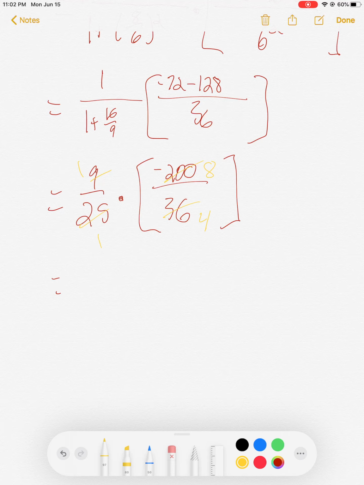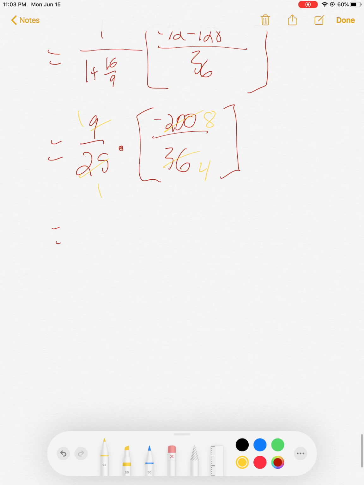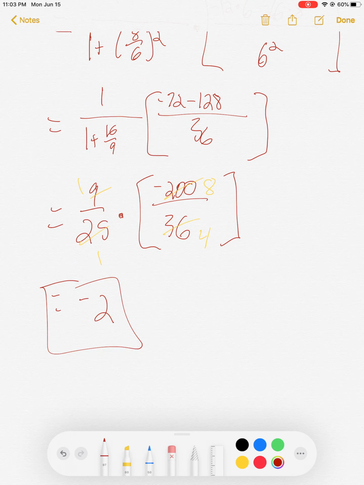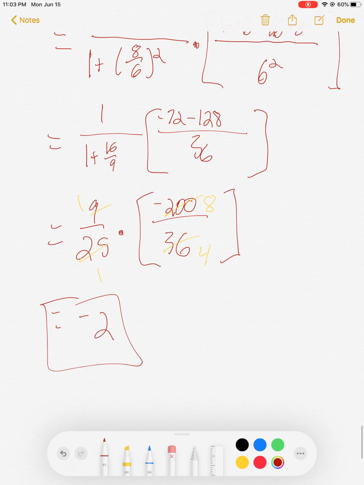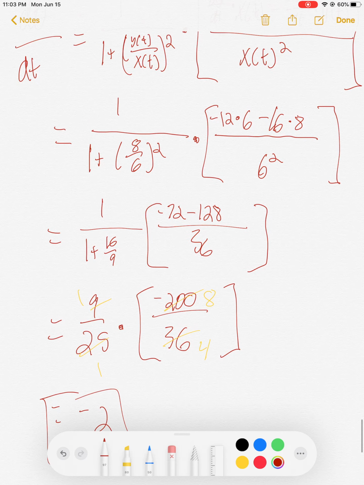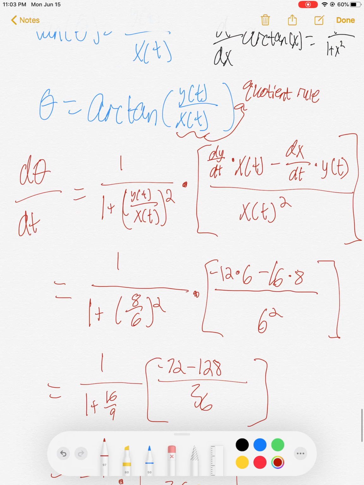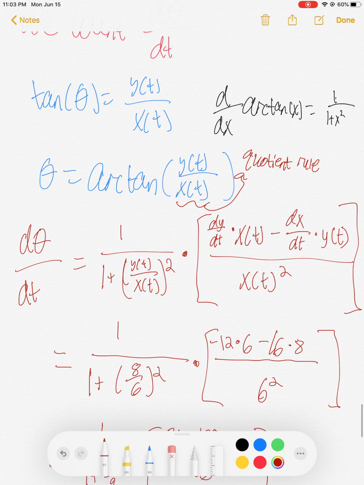If I flip it, that's 9 over 25. Times, okay, well, negative 72 minus 128, that's minus 200 on the dot over 36. We can do some good old-fashioned canceling. 9 over 36 just becomes 1 and 4. And then 25 and negative 200 just becomes a 1 and an 8. So it looks like I just have negative 2. Ta-da!